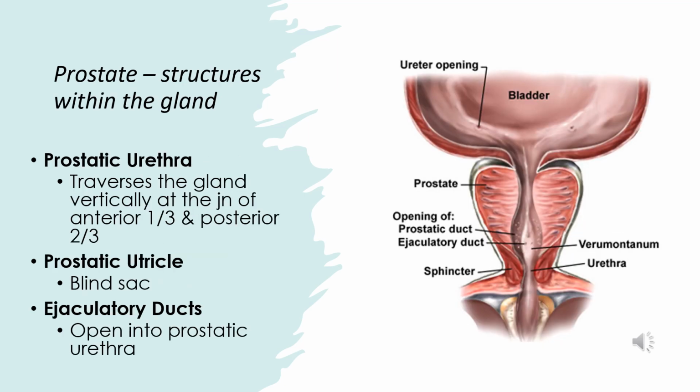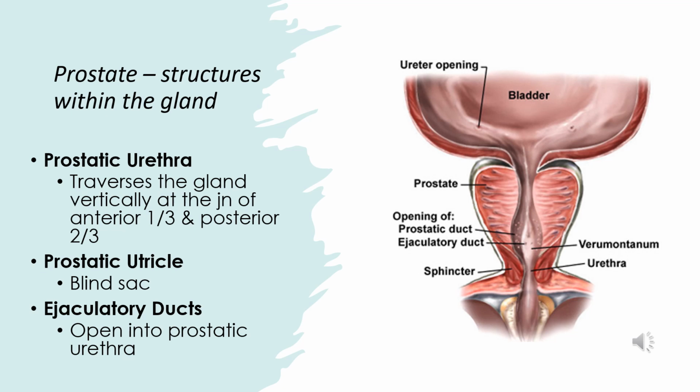Next important objective is the structures within the prostate gland. The prostate gland presents 3 important structures inside it: the prostatic urethra, the prostatic utricle, and the ejaculatory ducts.